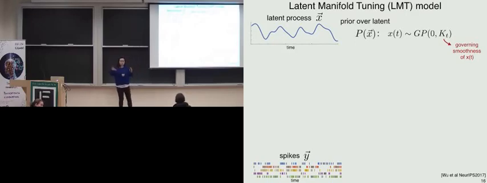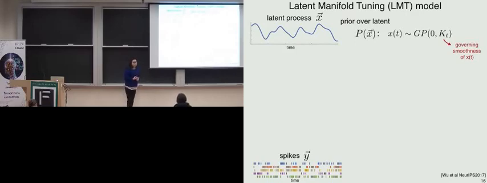Yeah, that's right. Suppose you have a manifold and X just moves along the manifold with certain dynamics, and that will generate the spike trains. This is just a toy example. I can show you some real data later.